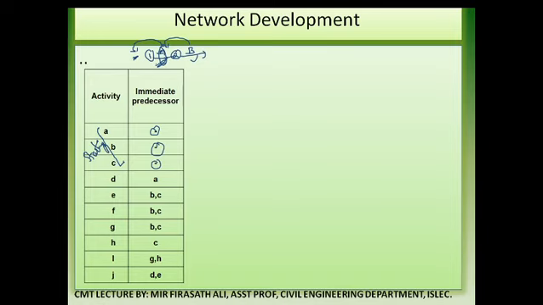Immediate predecessor of D is A. Immediate predecessor of E is A, B and C. Immediate predecessor of F, A, B and C. Immediate predecessor of G, A, B and C. So what does it mean over here?